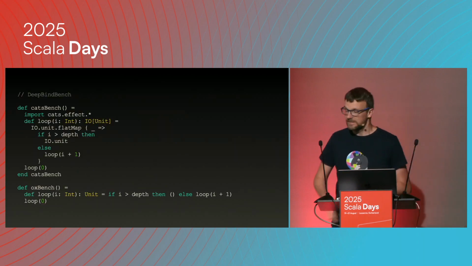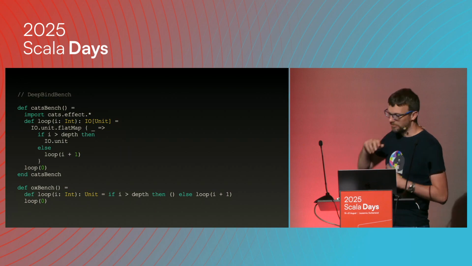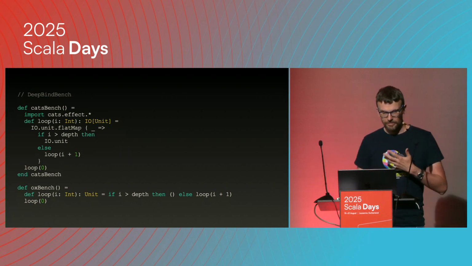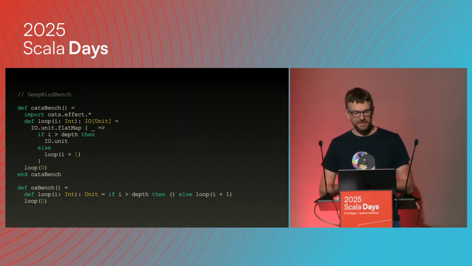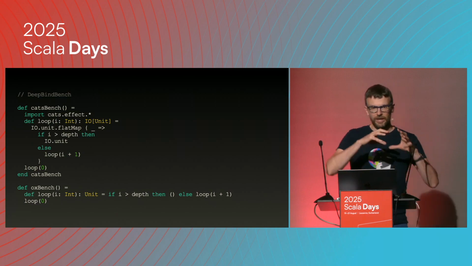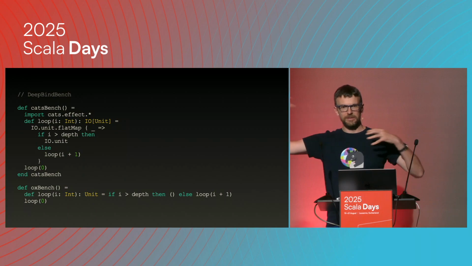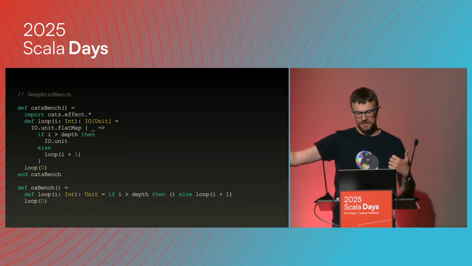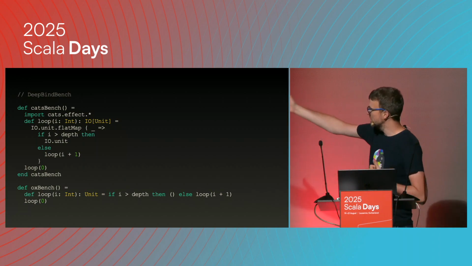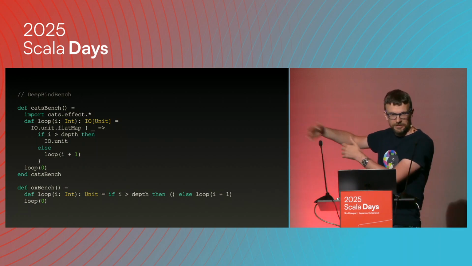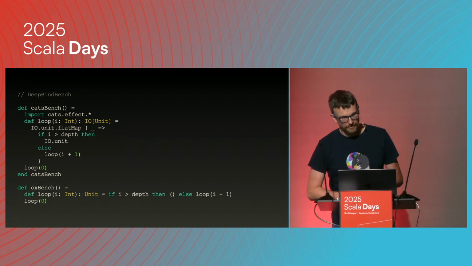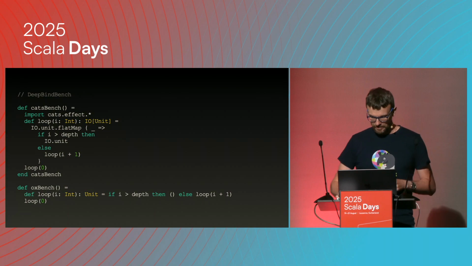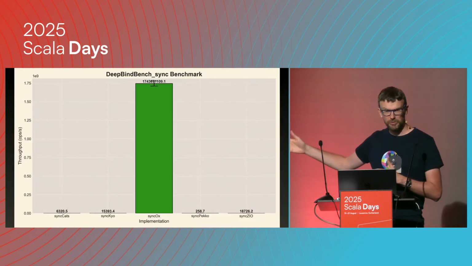So first, there's a deep bind bench, which just shows that some tests really don't make much sense in direct style. So deep bind is when you have a series of flatMaps, one after the other, which just becomes a semicolon, which is not really visible in Scala. So the code is trivial. It's just a recursive loop until we get to the end. And it shows in the benchmark results, right?